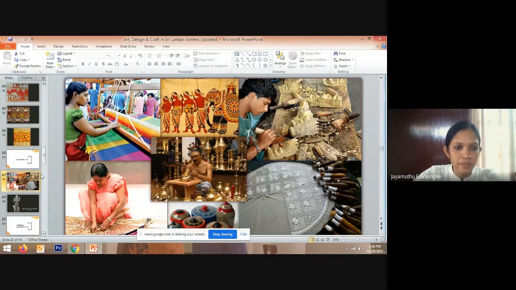There are so many different crafts, and most of them have Indian influence. You all know that we got Buddhism from India, and when Sangamitta came down from India, a lot of craftsmen were with her, and after that Indian influence is highly visible in Sri Lankan arts and crafts.